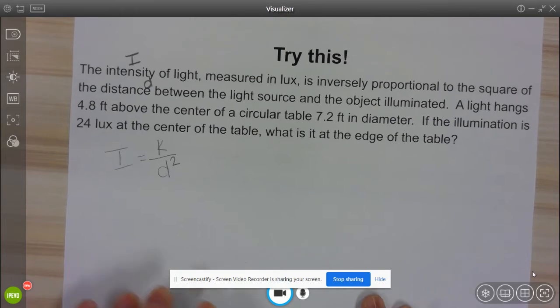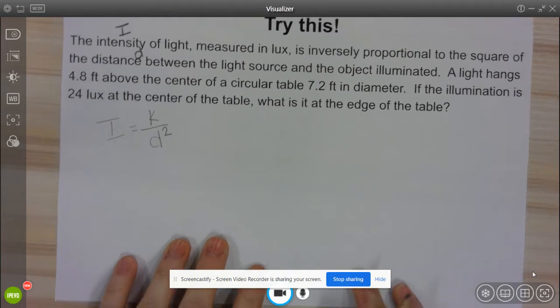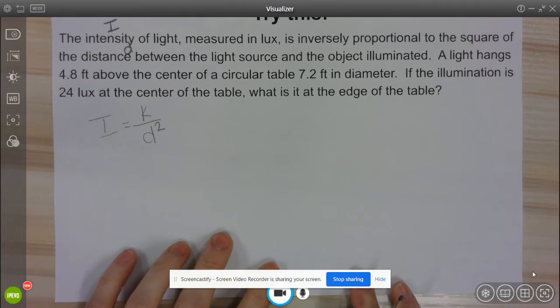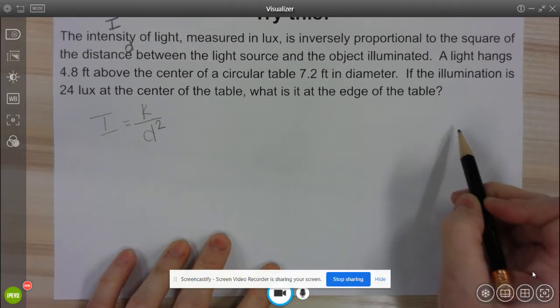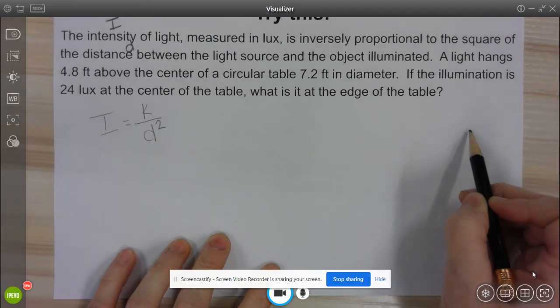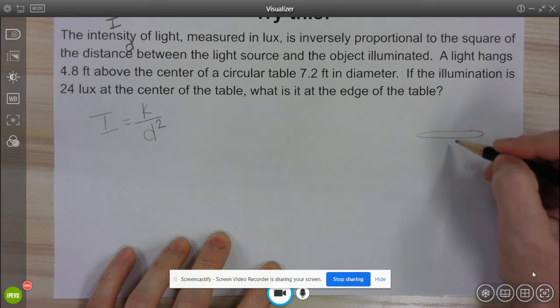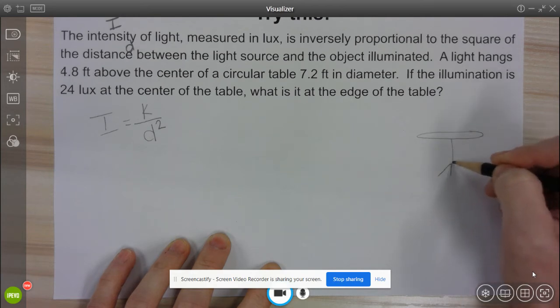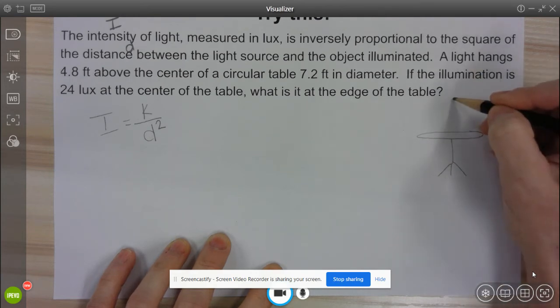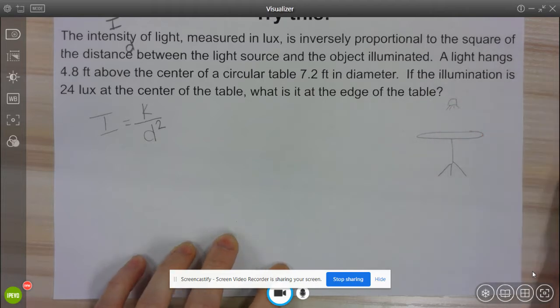All right, so my suggestion, especially in a question like this, is to draw yourself a picture of the table. Just pretend that that made sense. So here's my table. Lovely table. And here is my light source. Okay.